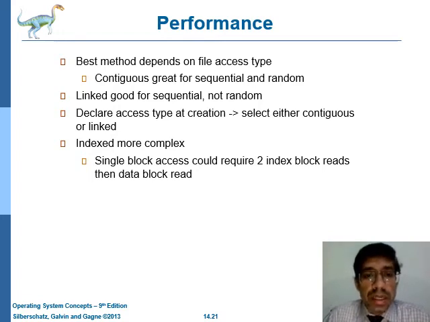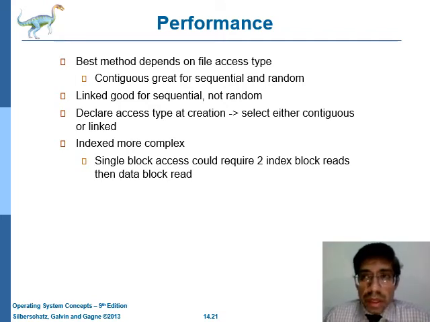A contiguous method is generally good for both sequential as well as random access files, because if the file's entire contents are all together, it takes less overhead in terms of file access. The linked method is good for sequential but might not be very good for random, because it will require a lot of head movement when you have to randomly access parts of the file.